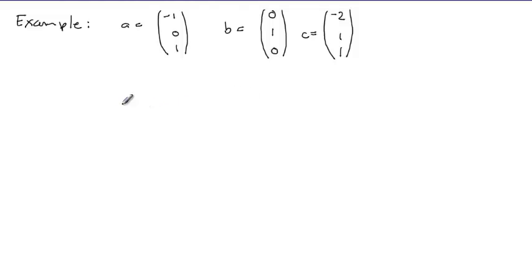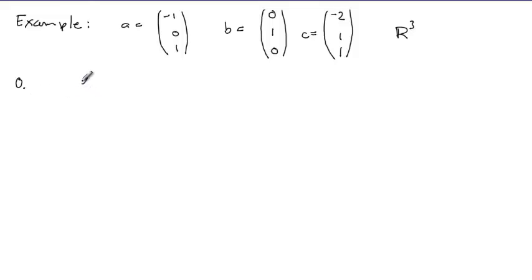So first of all, let's check if this set of vectors is linear independent or linear dependent. The first step, what we must do, is to express the zero vector, in this case the zero vector in R3, as a linear combination of these vectors. So what do we mean there?